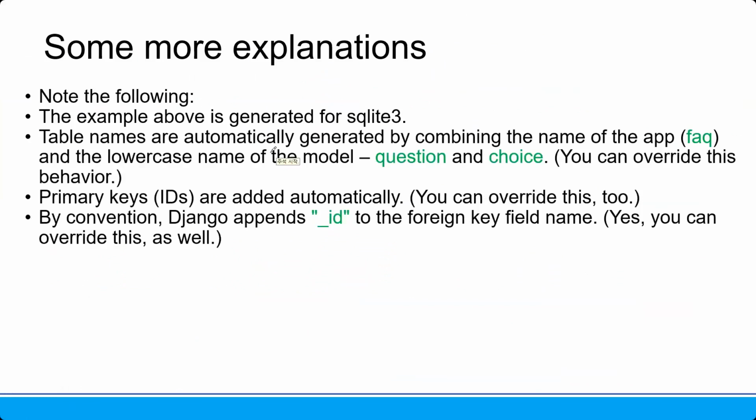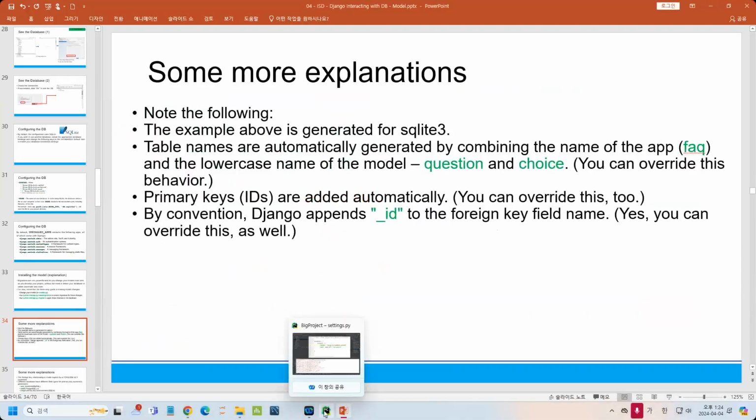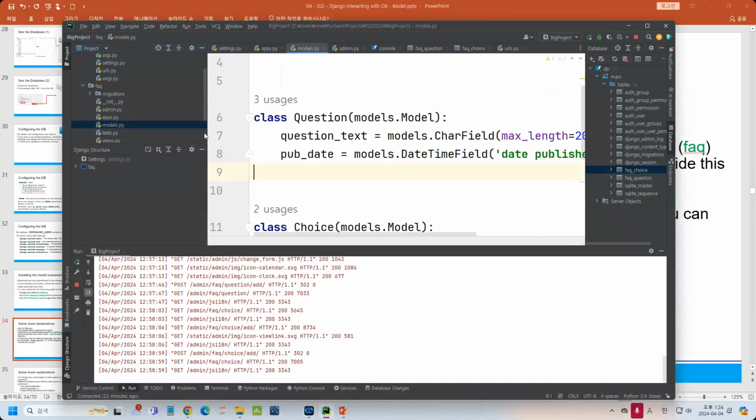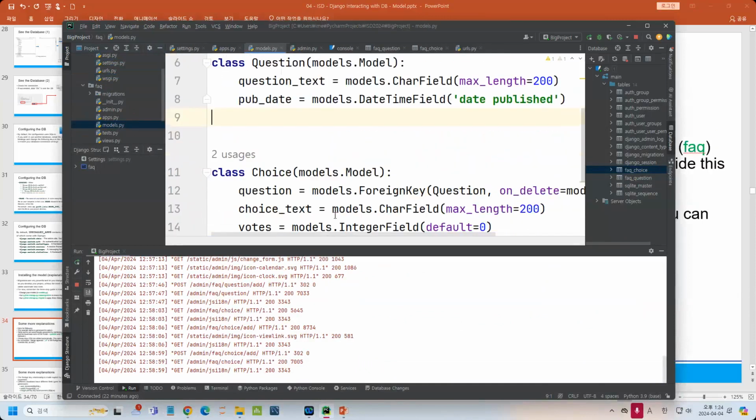Some more explanation about the data. The data that you saw before was from the SQLite. Table names are automatically generated by combining the name and the app name. When we define the models, we create two classes, question and choice.